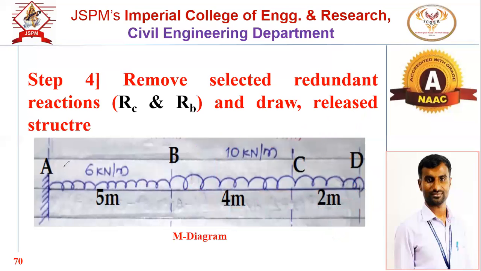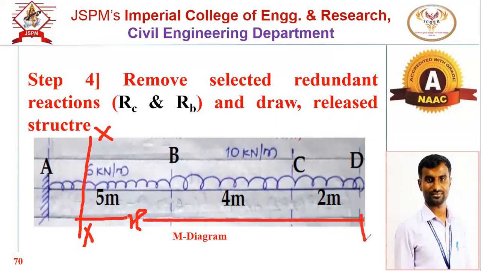Now, for BA zone, this is the section line, and the distance x is the distance from the origin, and point D is the common origin. And we want the bending moment equation. Now here there are two UDLs.